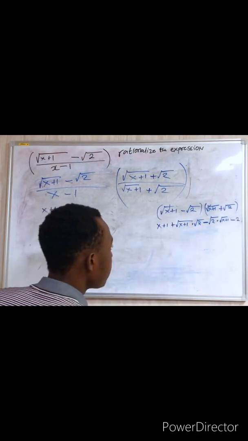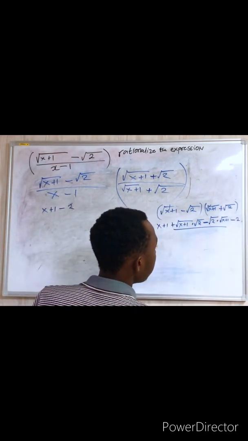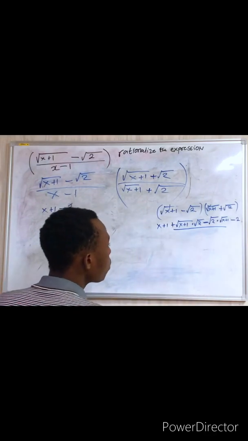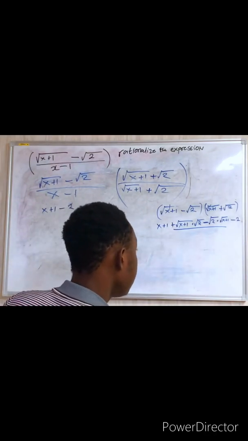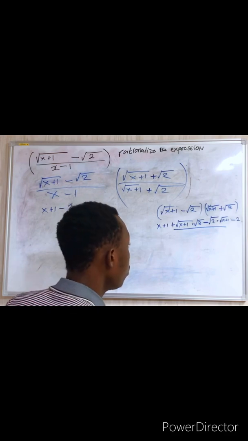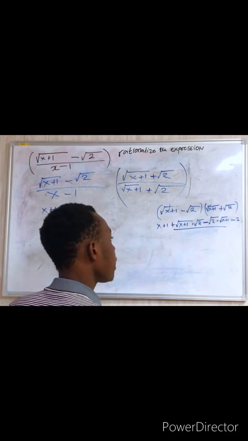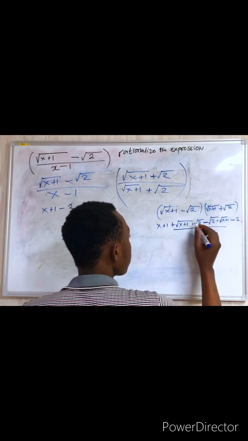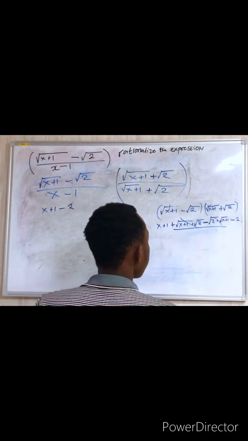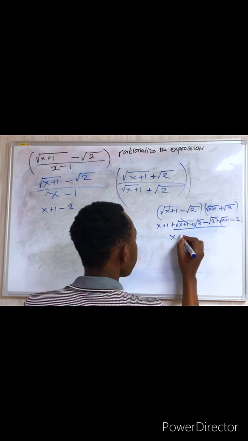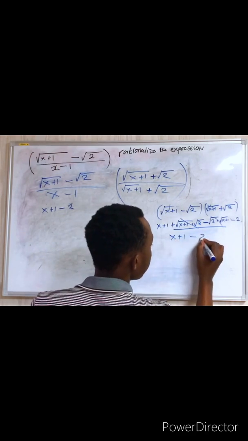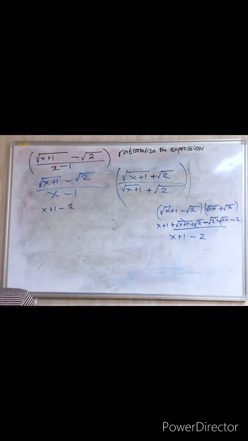But when you look at the middle part here, we have root x plus 1 multiplied by root 2 minus root 2 multiplied by root x plus 1. This is just the same thing. So this and this will cancel, and we're going to remain with x plus 1 minus 2. So this is just what is here.